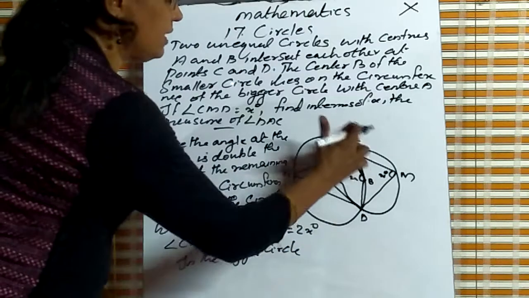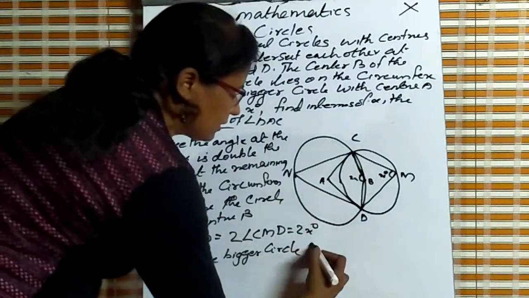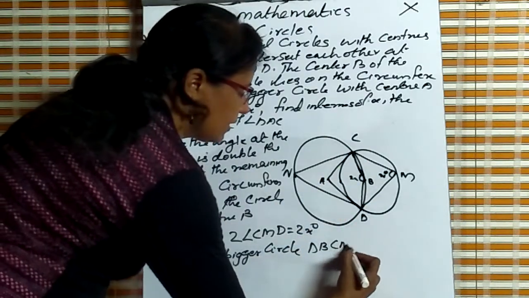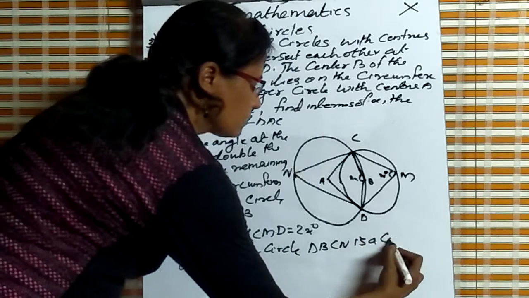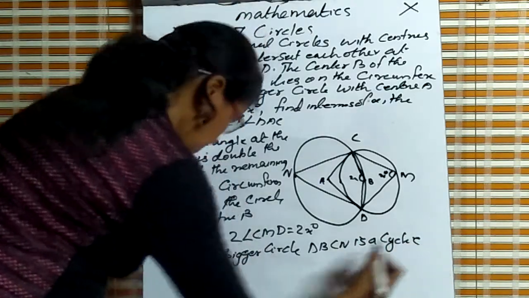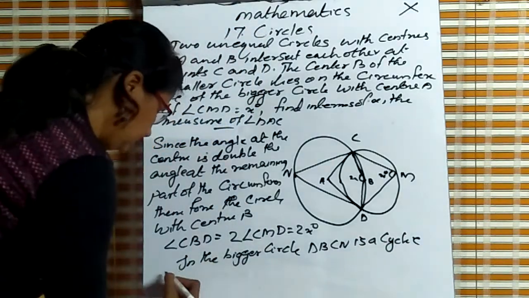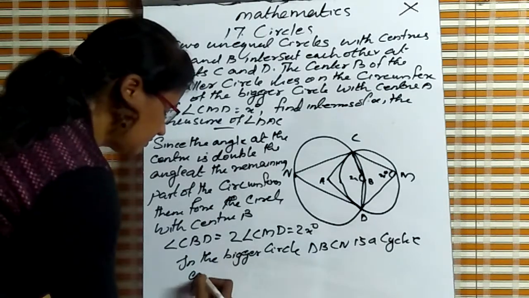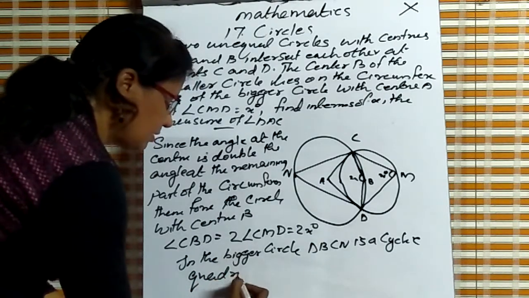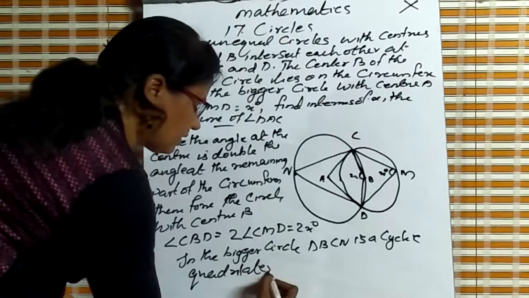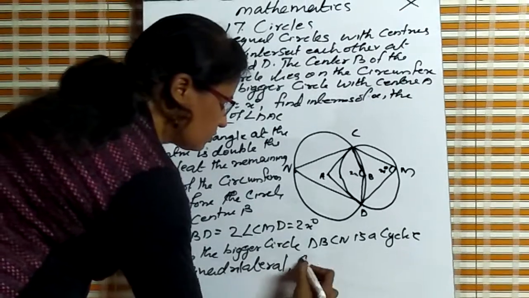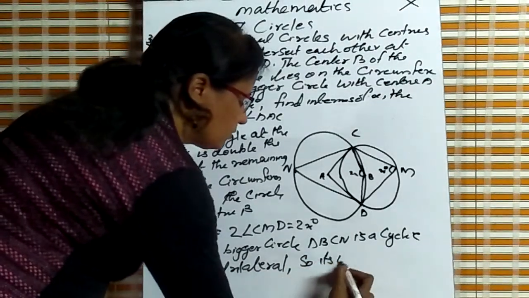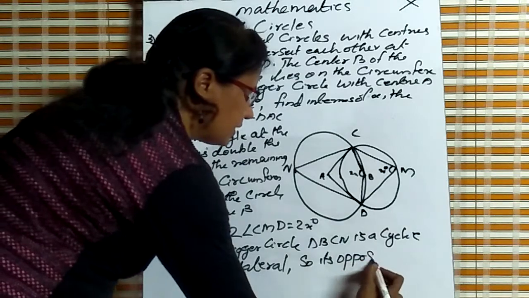DBCN is a cyclic quadrilateral. Its opposite angles are supplementary.